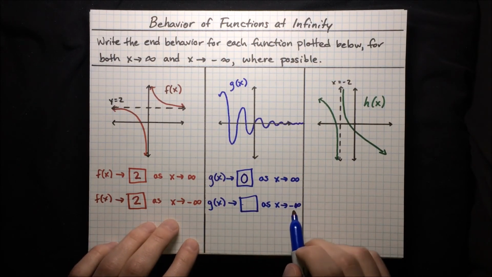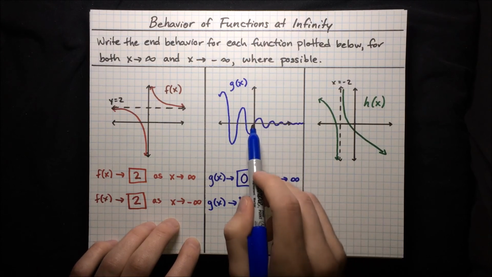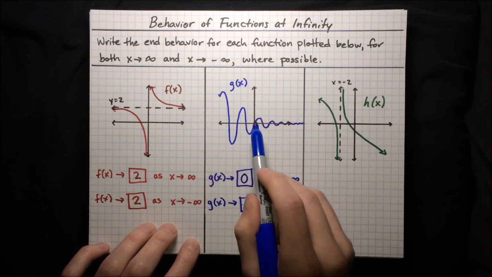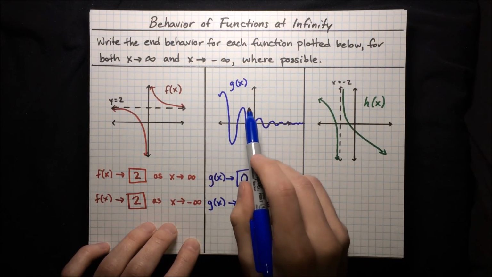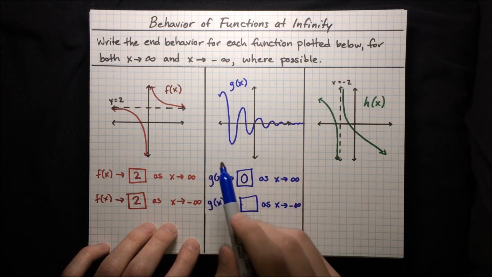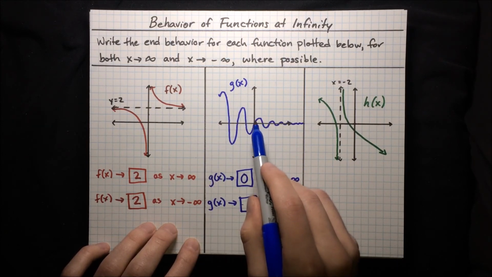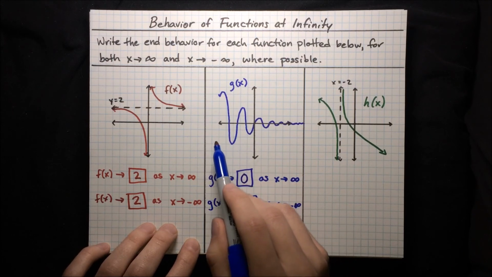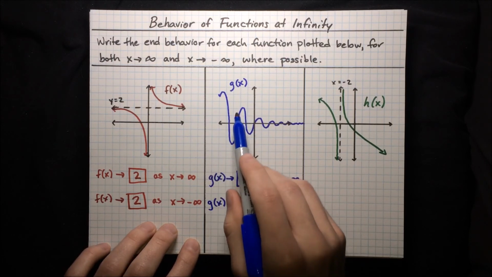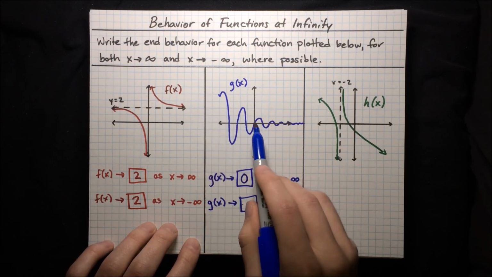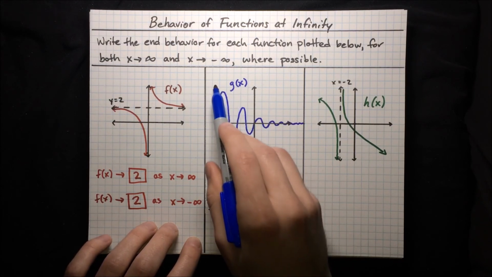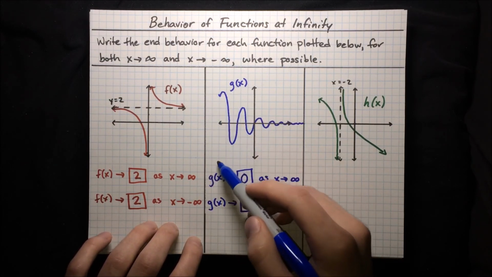And now as x goes to negative infinity, let's go the reverse direction, going to the left. G of x is oscillating up and down, and is it settling down to anything? Is it leveling off? Well, no. It's blowing up in both directions. But we can't say for sure it's going to positive infinity because it's also blowing up in the negative direction.